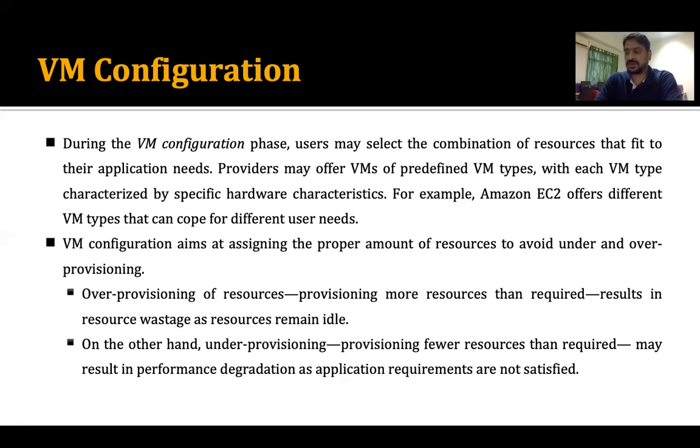So let's say to host my website, I need at least 2 GB of memory, and I'm not getting 2 GB, I'm getting 1 GB of memory. So if there are 100 hits and it cannot satisfy the requirement of 100 hits, it is of no use, right? It means that indirectly it is causing a problem to the customer.